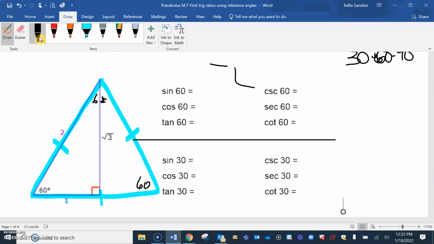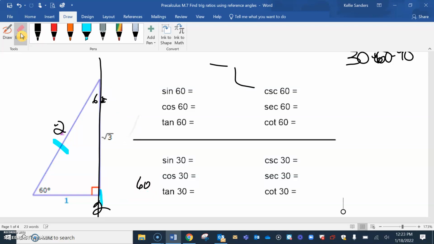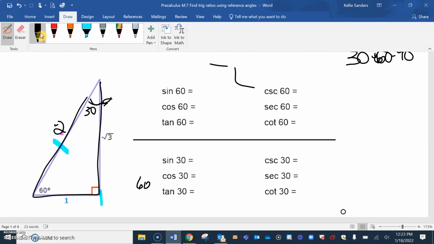And let's make all of the sides 2. And when we do that and we cut it in half, and get rid of that part of it, then this whole thing was 60, and if I cut it in half, then we have 30. So we have this 30, 60, 90 triangle.